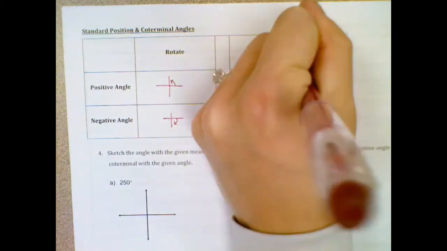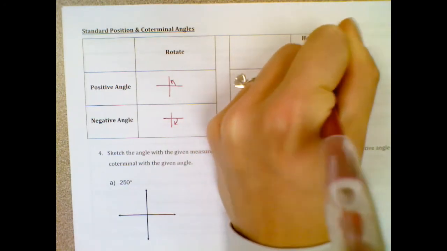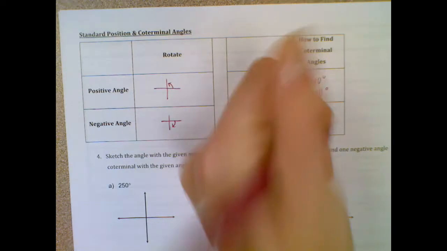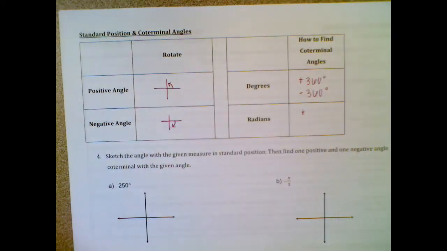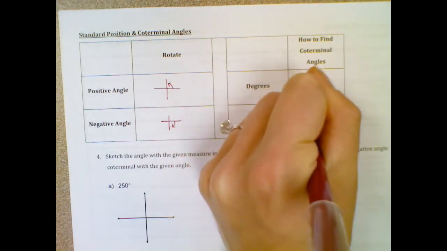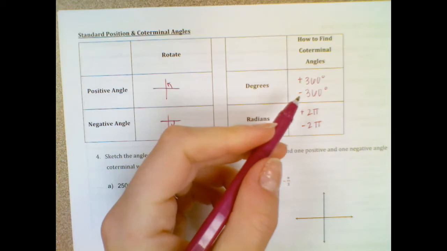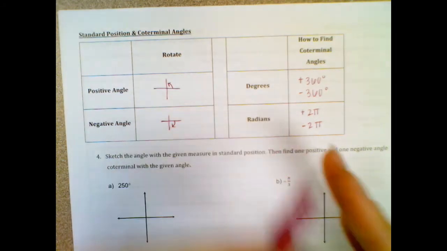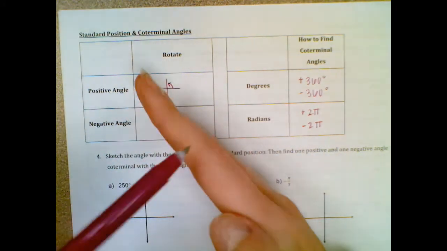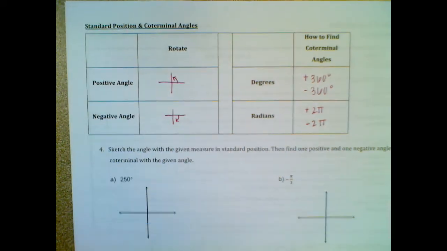If we're in degree mode, you're going to add 360 degrees or subtract 360 degrees. If we're in radians, remember, if a full circle is 360, in radians that's 2 pi. So you're going to add 2 pi or subtract 2 pi. A coterminal angle, just remember, it's the angle formed, like if my angle stops here, if I add 360, I end up in the same spot again. Okay, those would be coterminal angles.